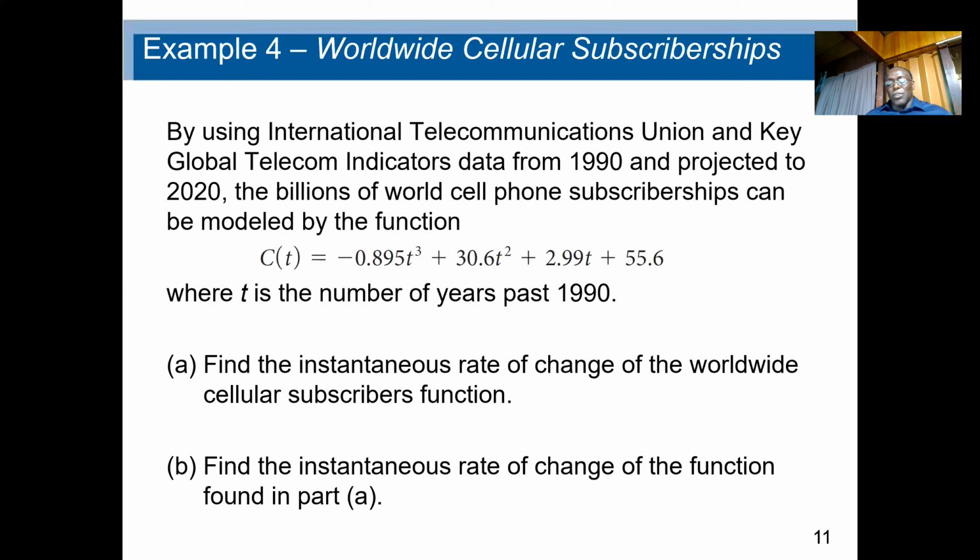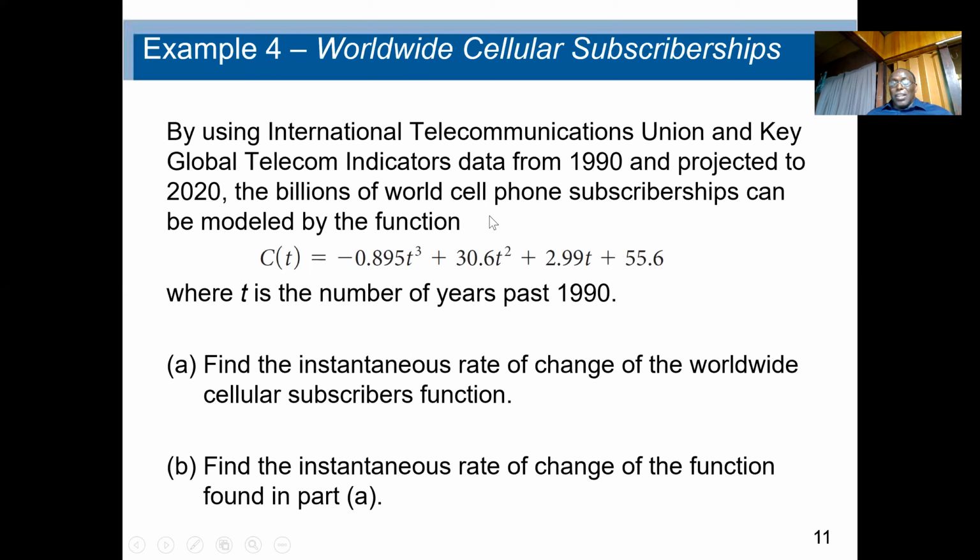So by predicting from 1990 to 2020, we have a model that we can use, which is 0.895 t to the power 3 plus 30.6 t to the power 2 plus 2.99 t plus 55. T will be the number of years that passed since 1990, because it's from 1990 to 2020.